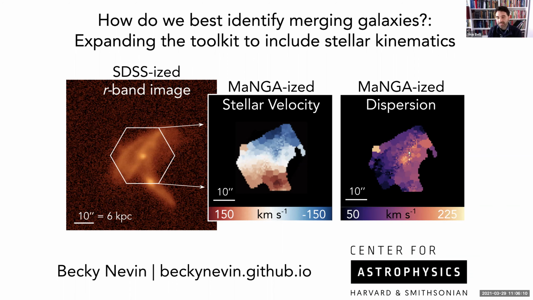And she has great plans to expand the videos on her YouTube channel. So I'm looking forward to seeing what she's going to do. And today she's going to talk about how to use stellar kinematics to identify galaxy mergers.